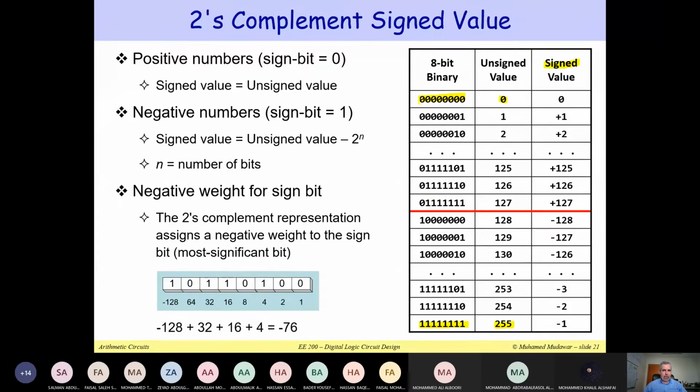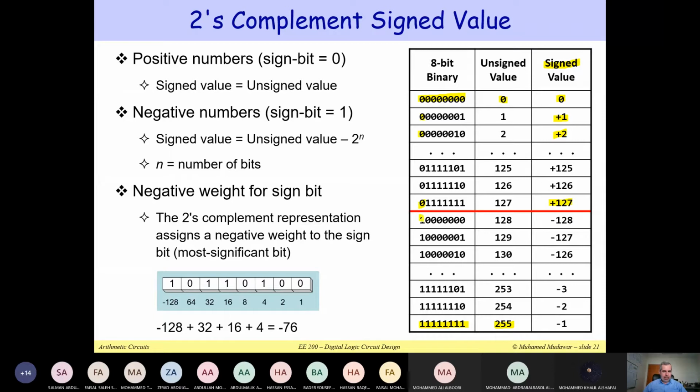If the most significant bit is 0, you can say that the number is positive. It will have exactly the same unsigned value, but these are positive numbers. So you can go from 0, plus 1, plus 2, all the way to plus 127.